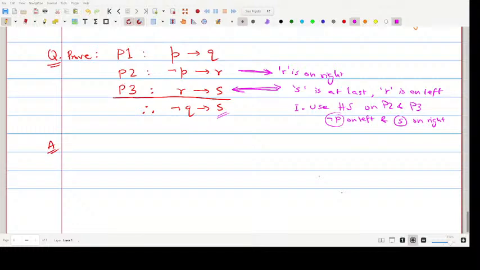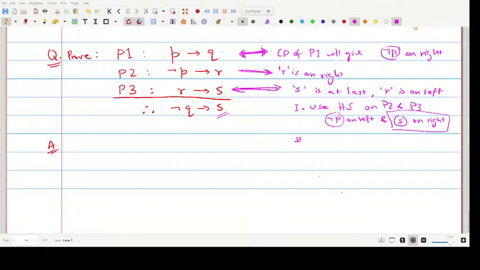Then you notice that from the first premise, if we want a negation Q on the left, see, we have R on the right, but we also need to eliminate the negation P on the left. So if we can get a negation P on the right, that would be good. And you can see that the contrapositive of P1 will give negation P on the right.